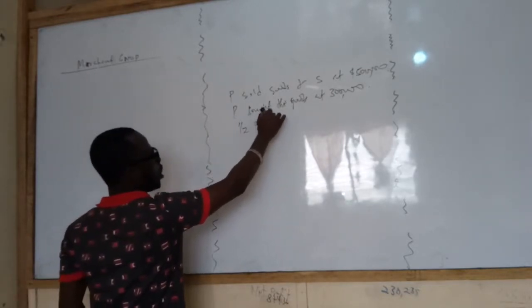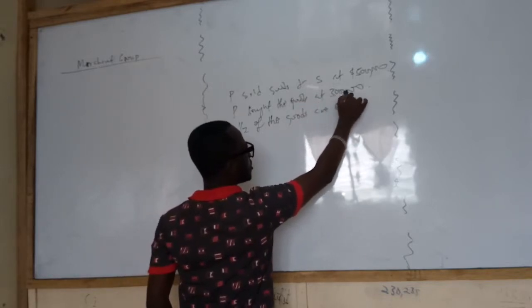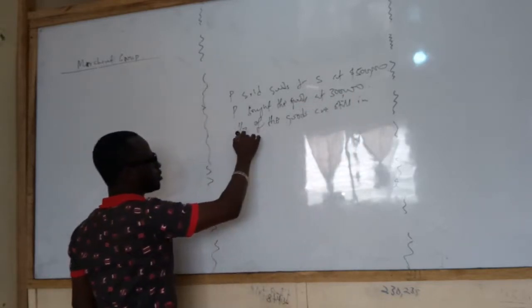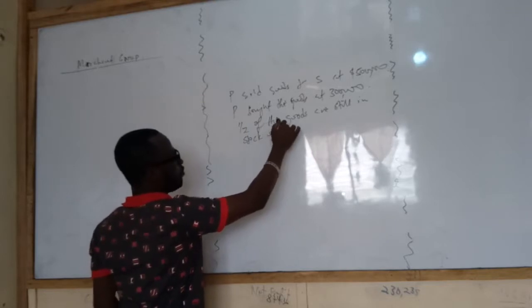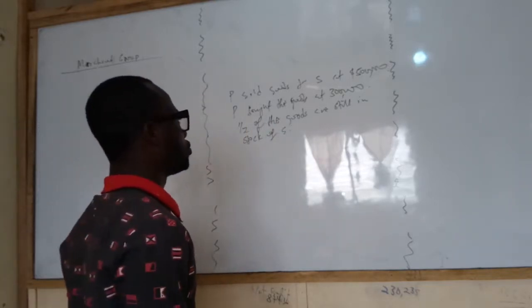Half of the goods are still in stock of S. So how do we go about it in relation to the treatment?